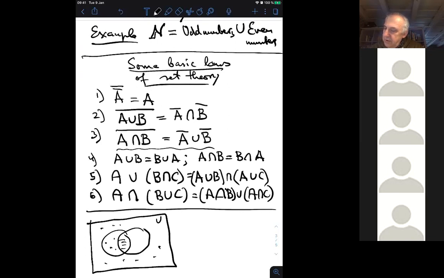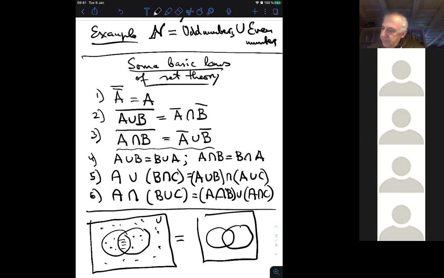So this would be the complement to the intersection. And I'm saying that this is the same as, I should take the complement to A. So here my A and B again. So this is A and this is B. So I should take the complement to A, denoted by these small stars everywhere.